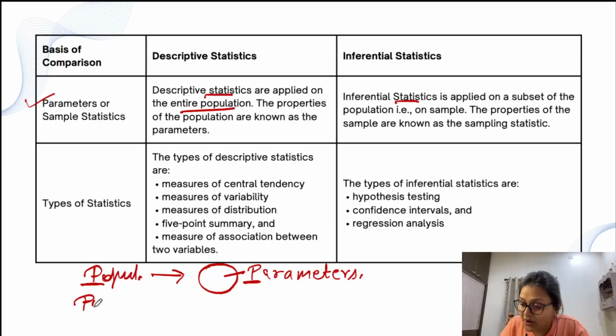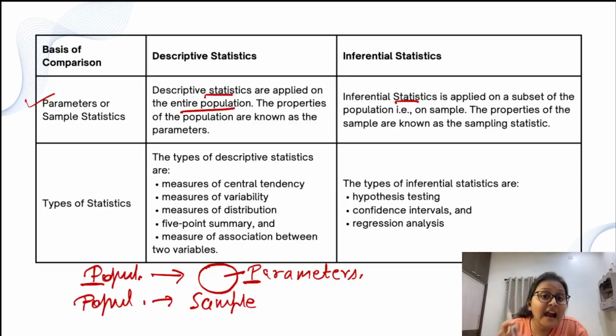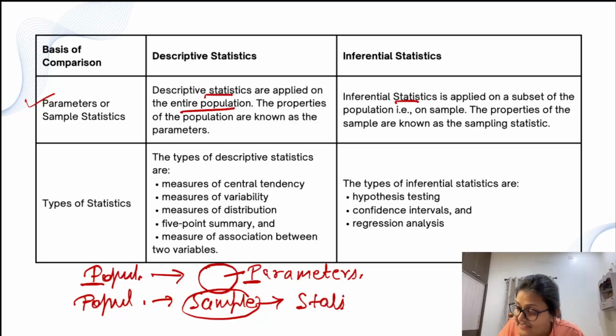And that property of the sample, contained in a smaller part, is going to be known as a statistic. So for sample, the first letter is S, and for statistic, the first letter is S.